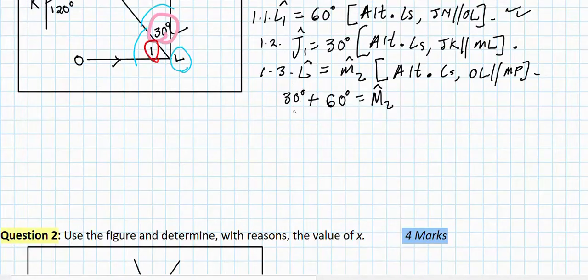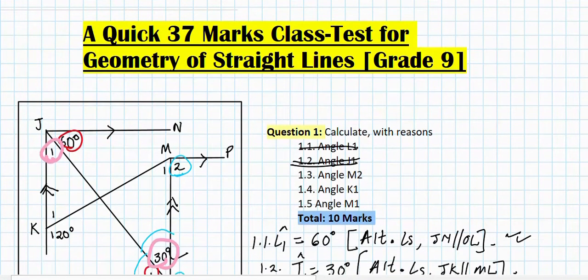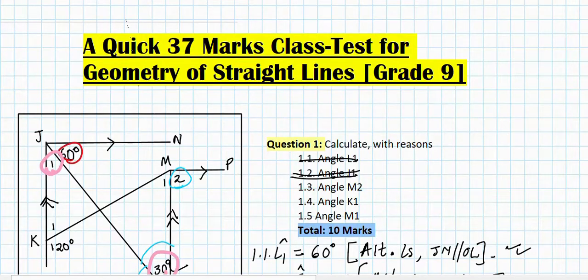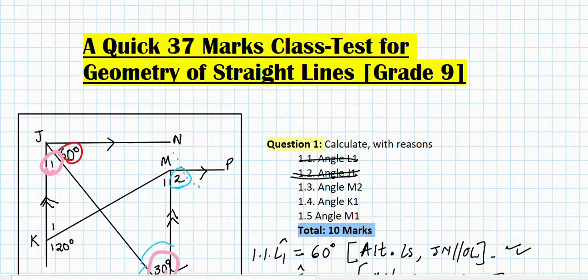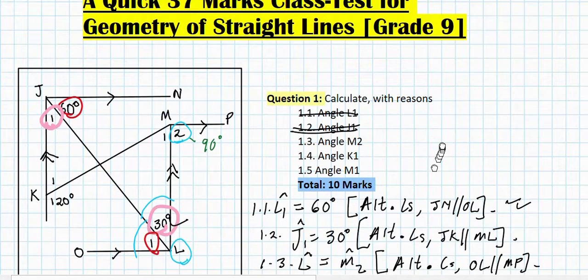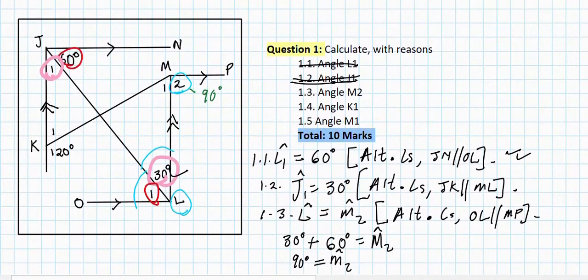So 90 degrees is equal to angle M2. On your diagram, where you see M2, you're going to annotate that this angle is 90 degrees because that's what we just found. So we are done with 1.3.